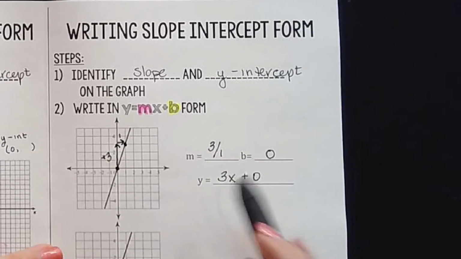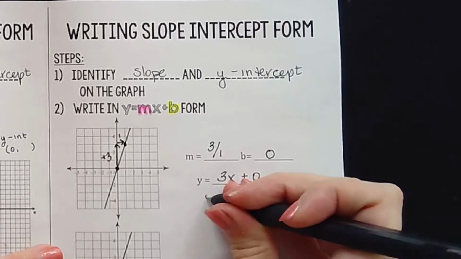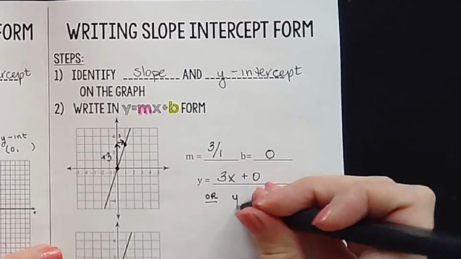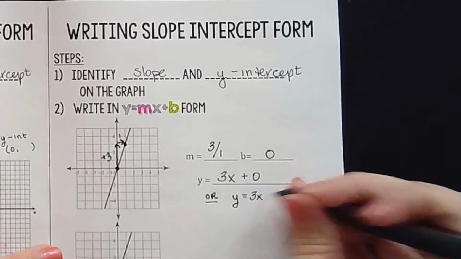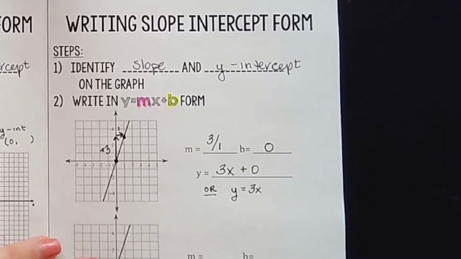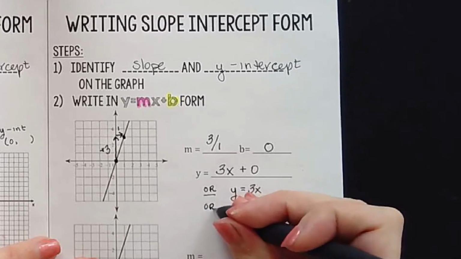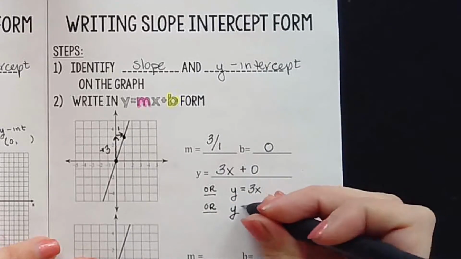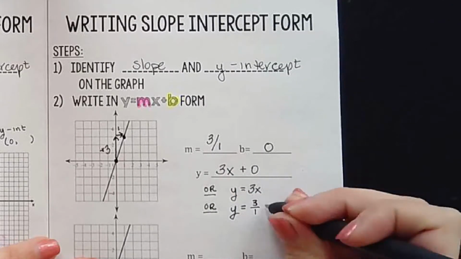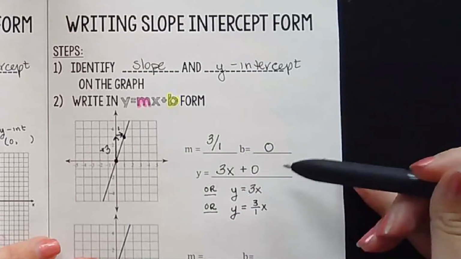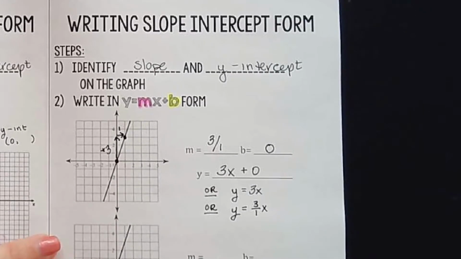You don't need to write the plus 0, so I could write this as y equals 3x without the plus 0. I could also write this as y equals 3 over 1 x. Any of these answers are perfectly okay.